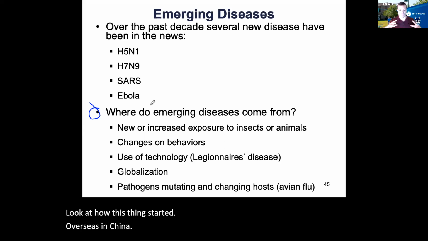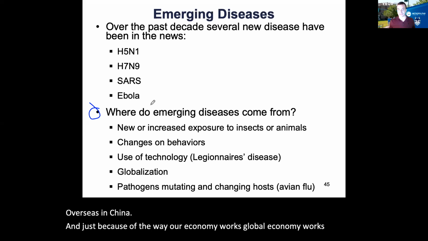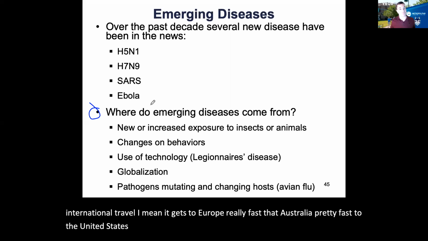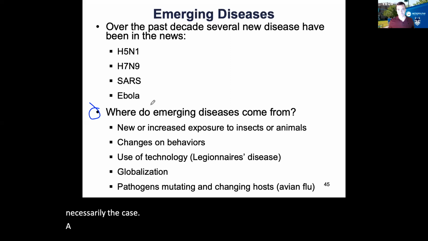And just because of the way the global economy works now with international travel, it gets to Europe really fast, to Australia pretty fast, to the United States really fast. That's a change in behavior. That wasn't necessarily the case 100 years ago or 200 years ago even.